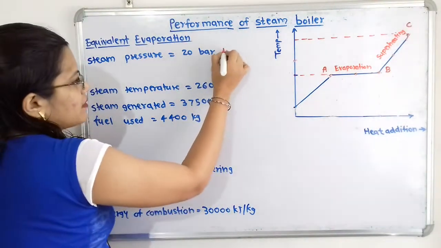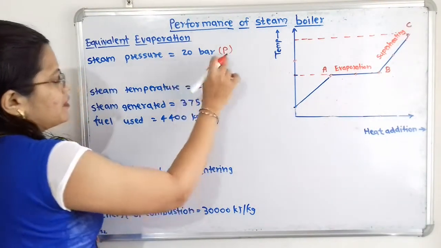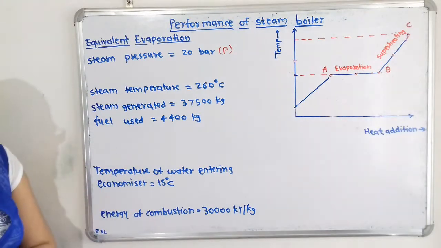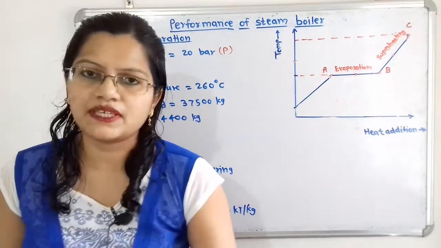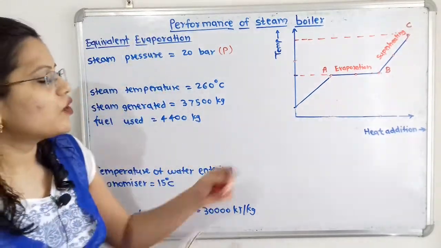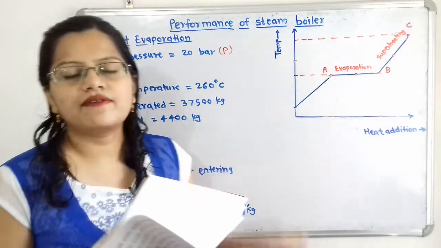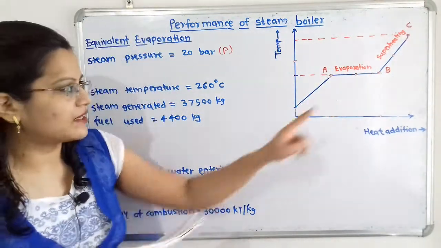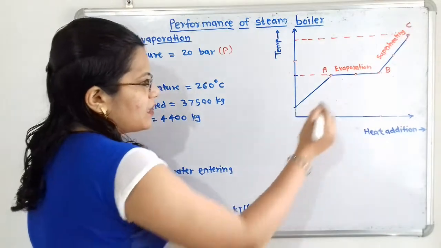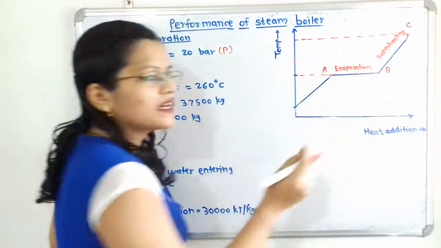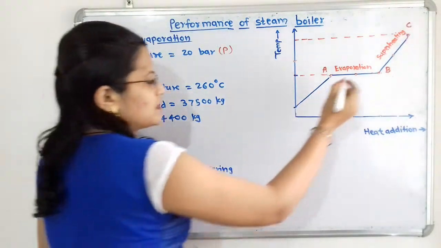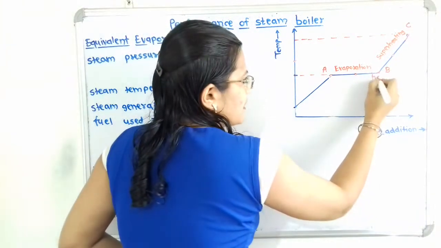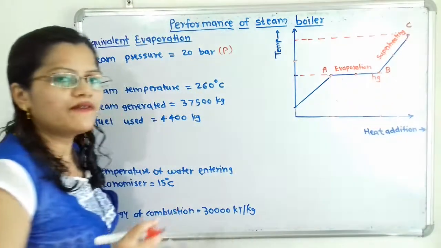We will give here the notation as P. Then at this pressure P, with the help of steam table, we can find out what is the enthalpy of dry and saturated steam, that is Hg. So this enthalpy at point B. So at point B there is the dry and saturated steam. So we will say here is the enthalpy Hg that we will find out.